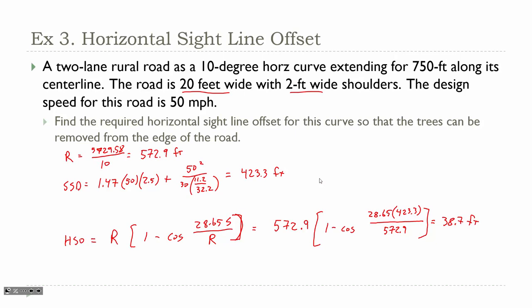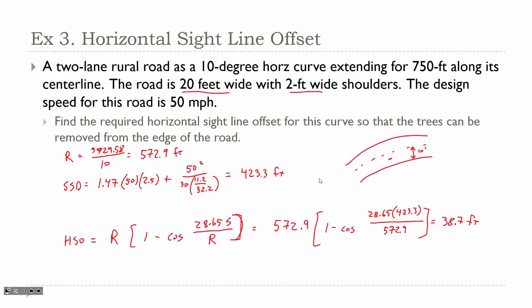Oh, so actually, yeah, you're right. I'll just show it as even though you normally don't have passing lanes on a curve, the HSO is measured from here. So the total road is 20 feet wide, so how wide does that make the lanes? That'd be 10 feet.